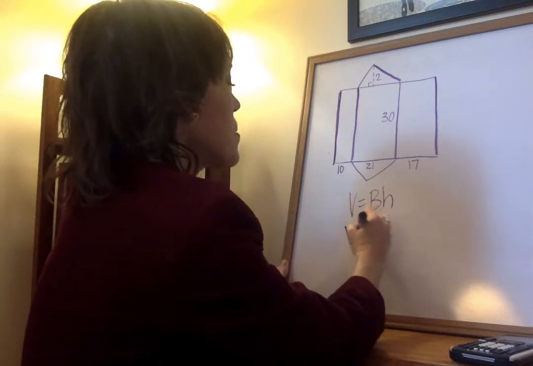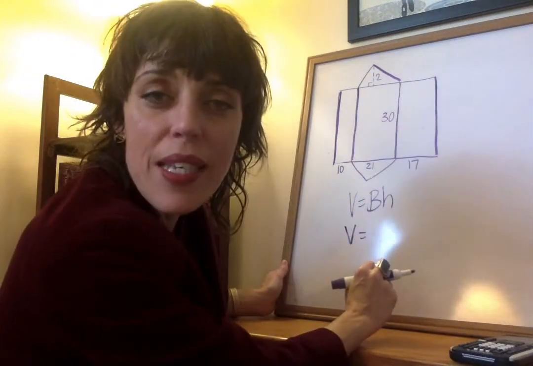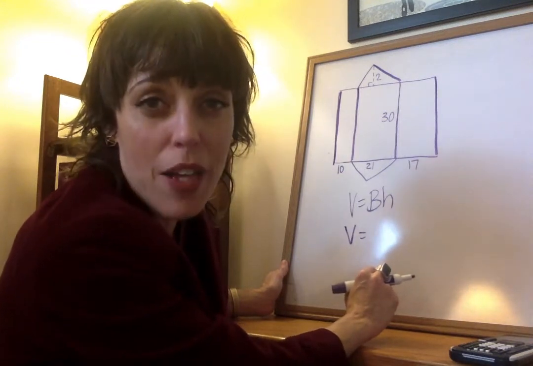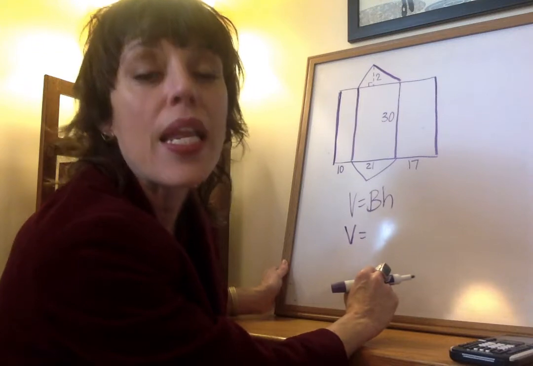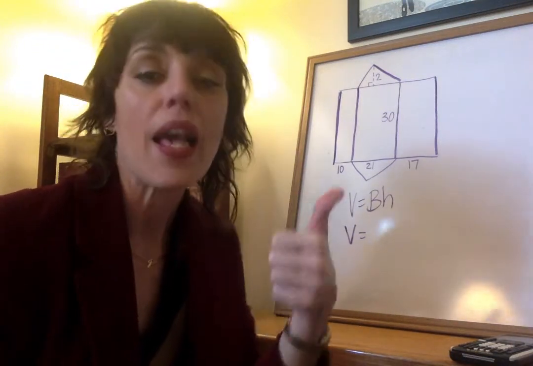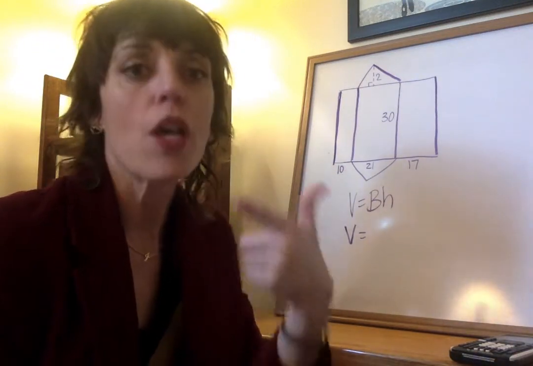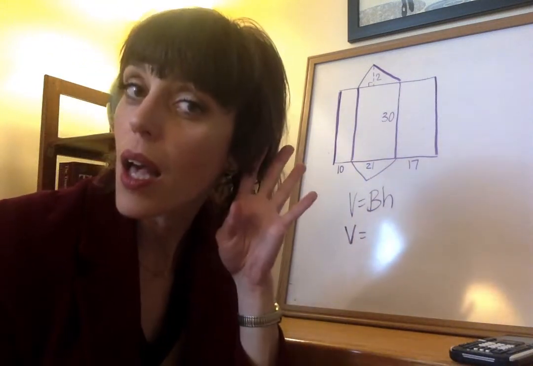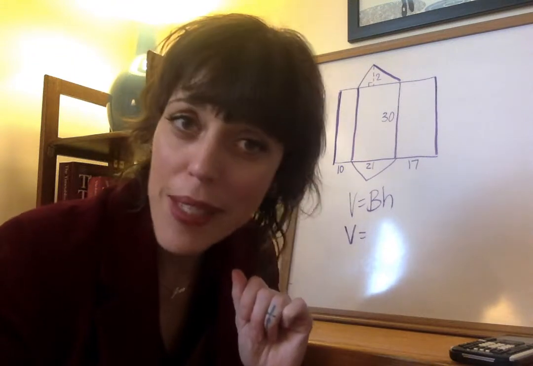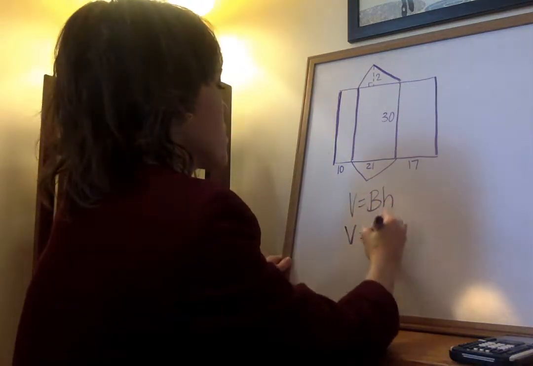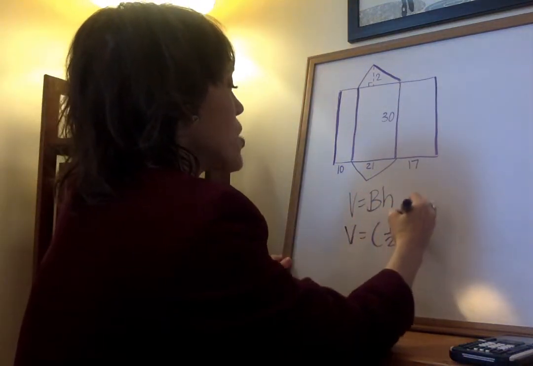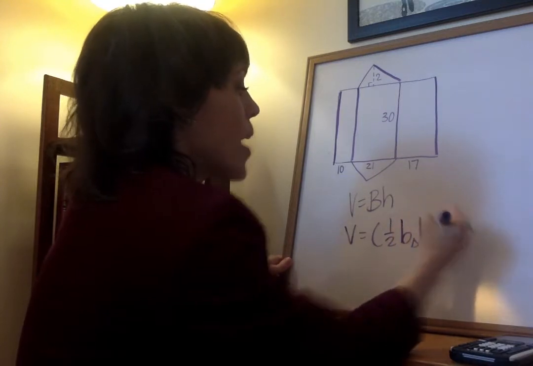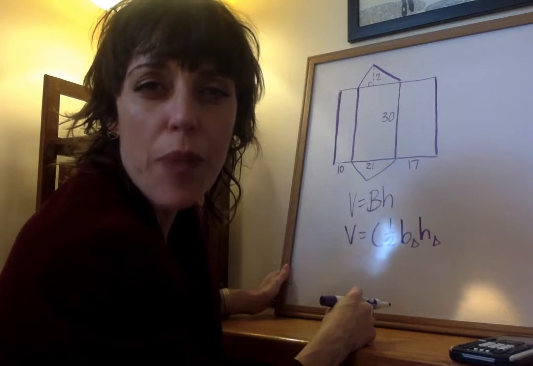And I'm going to make some distinctions because what you're now going to see is that we have a couple of different heights that we are talking about. So we'll need to make a distinction between the height of the triangle and the height of the prism. So when I plug in the area of my base, that's going to be, that's right, 1/2 base times height. I'm going to distinguish, it's the base of the triangle times the height of the triangle. So you see I put that little subscript there to distinguish.